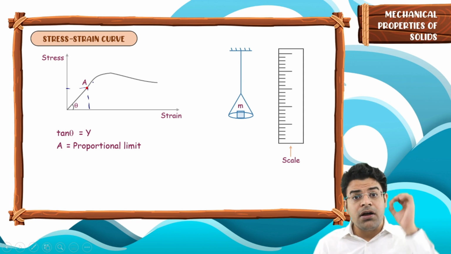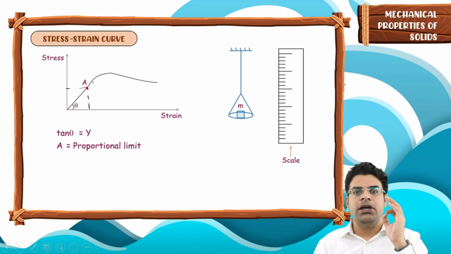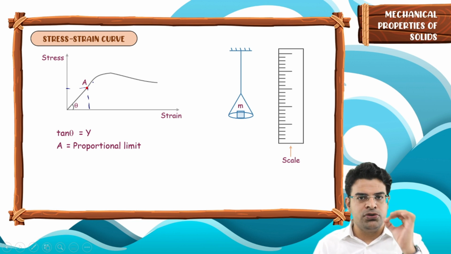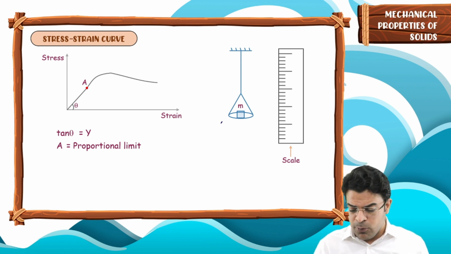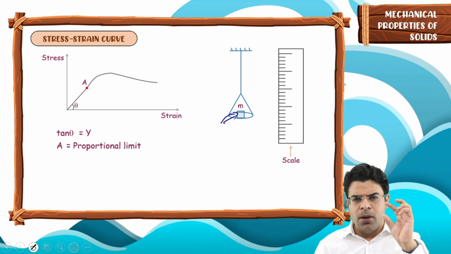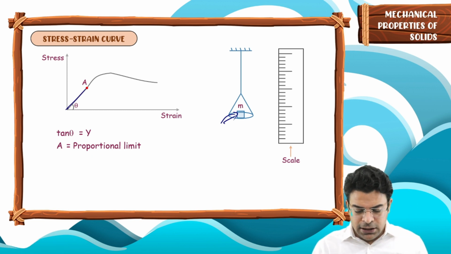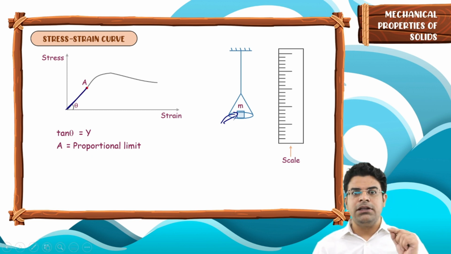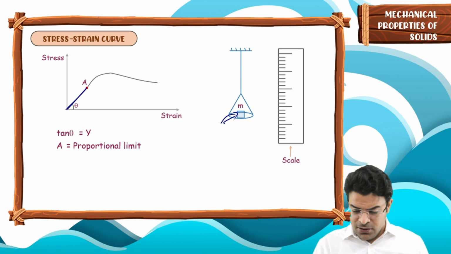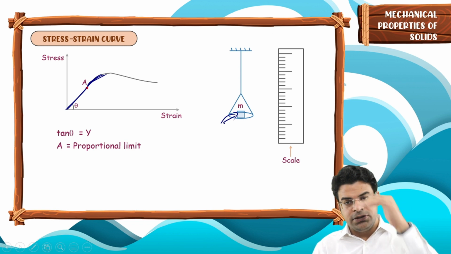The point on the curve up to which Hooke's law is valid represents the proportional limit. If you keep on increasing stress up to a particular limit, they are directly proportional. And then on further increasing it, Hooke's law is no more valid, and we find that the curve bends.